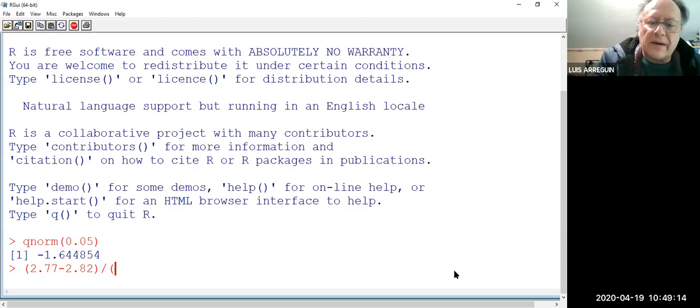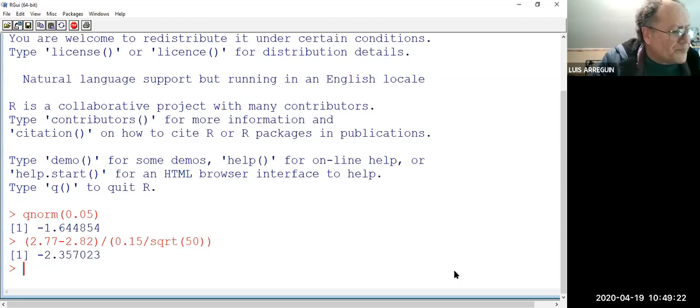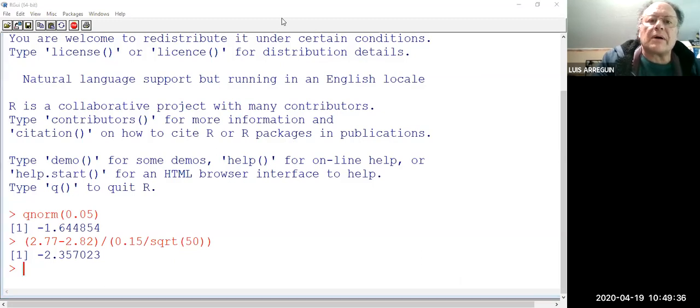We divide by 0.15 over the square root of 50. My value of the z-score for my sample is negative 2.357023.